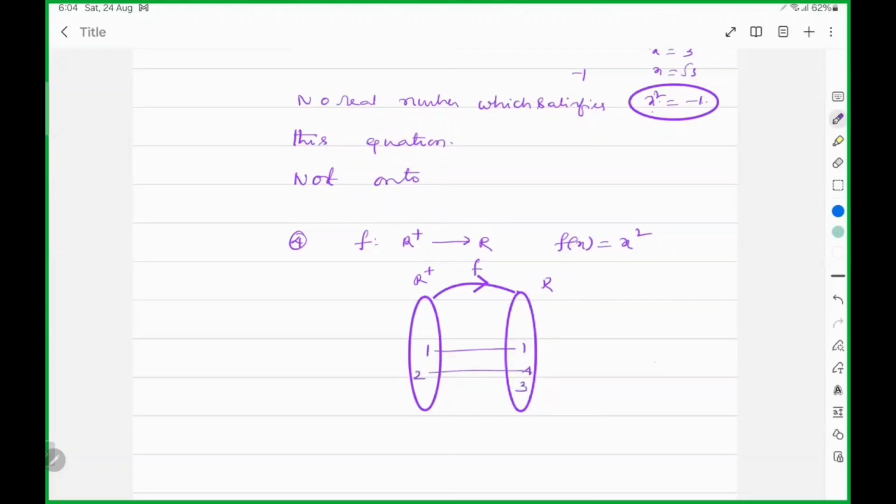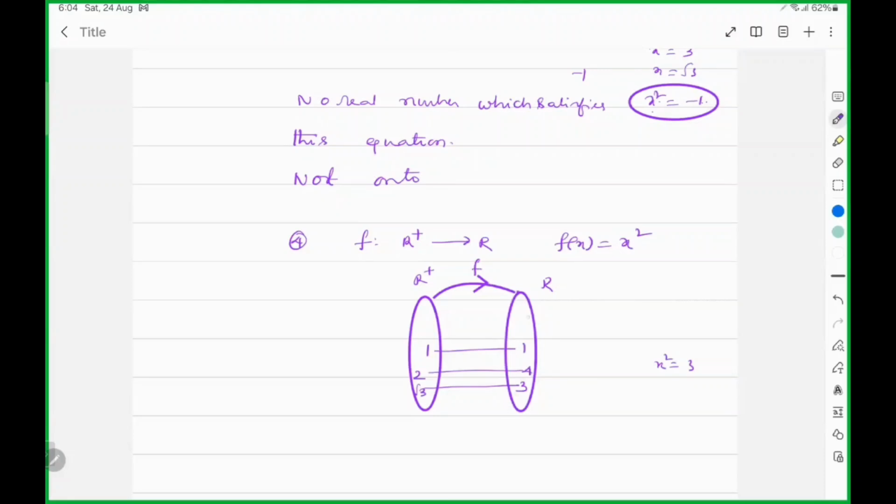For 3, x square is 3, root 3 is the pre-match. Since negative numbers are not there, we don't have any trouble. So can I say that each and every number has a pre-match?